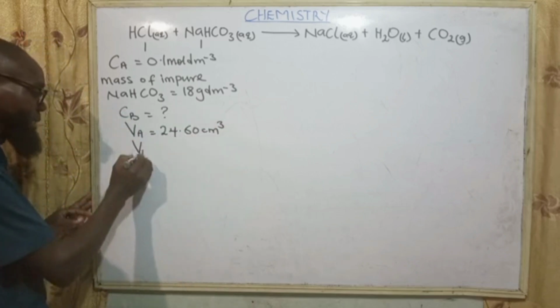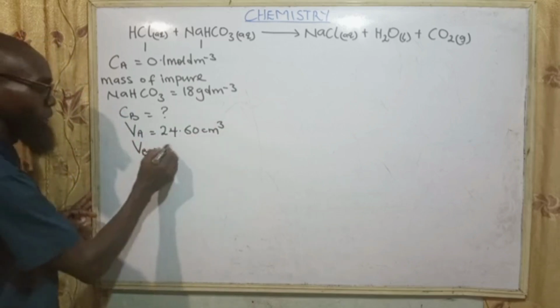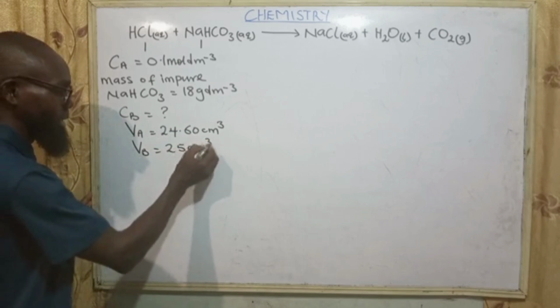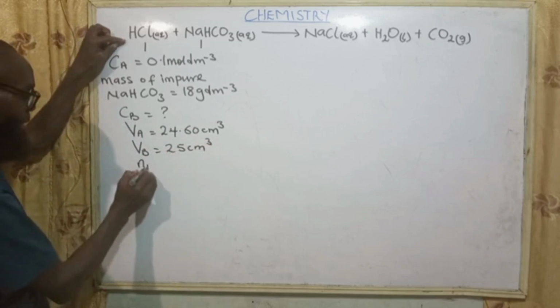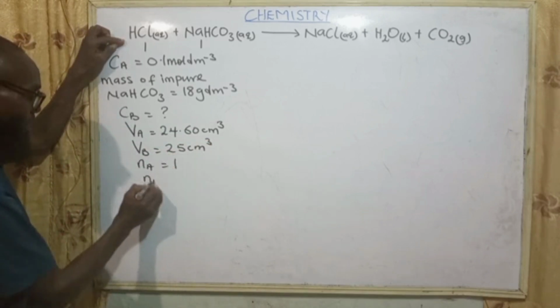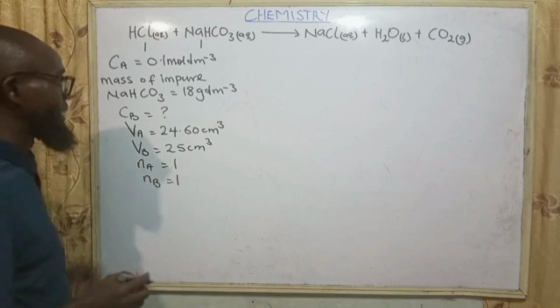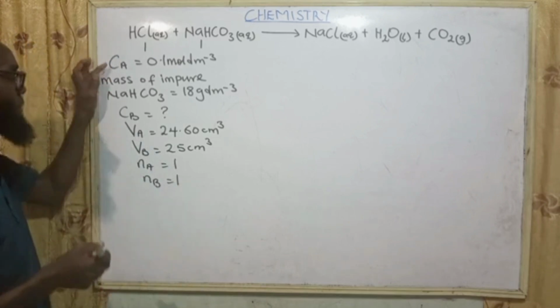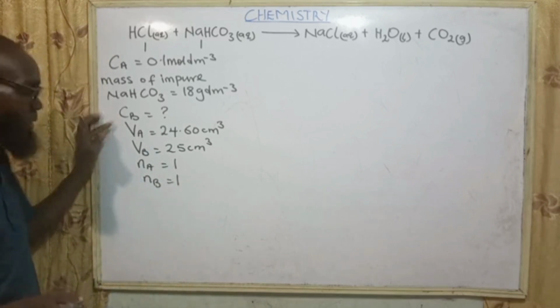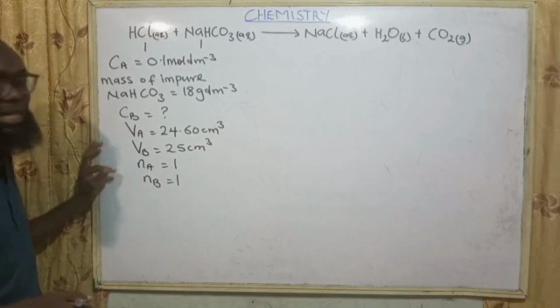Then the volume of base, in my own, I'm using 25 centimeter cube. Now, the number of moles of acid here equals 1, while that of base also equals 1. Given these parameters, we have Ca, we're looking for Cb. We have Va, Vb, Na, and Nb.